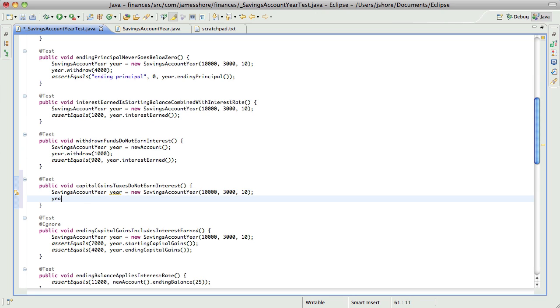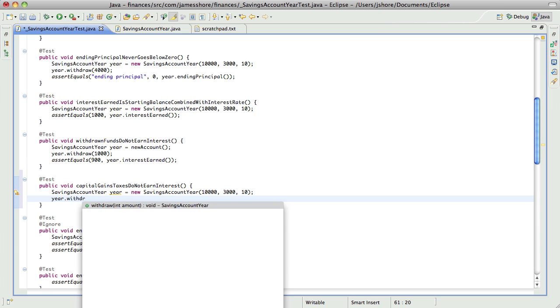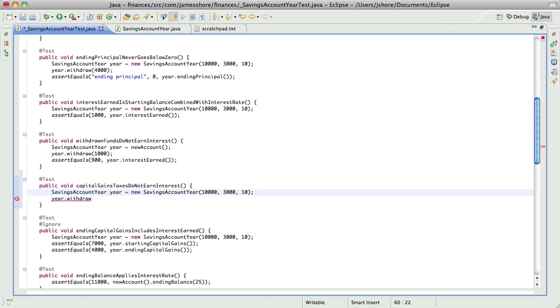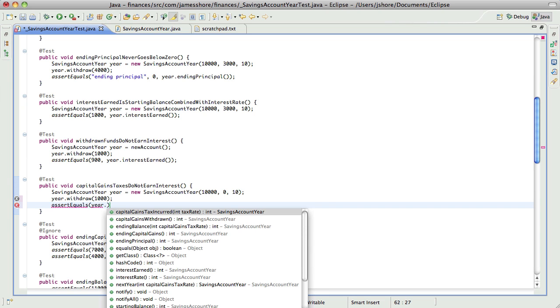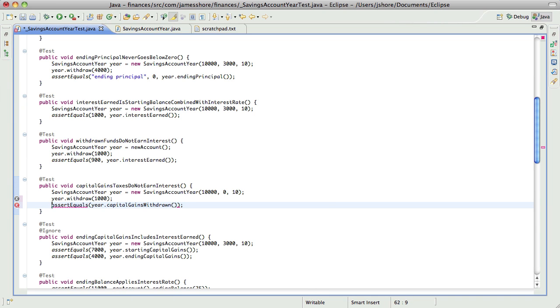So we're going to withdraw 1,000, which means that the capital gains withdrawn is going to be 1,000. And I'm just putting this in to actually make the test more readable.